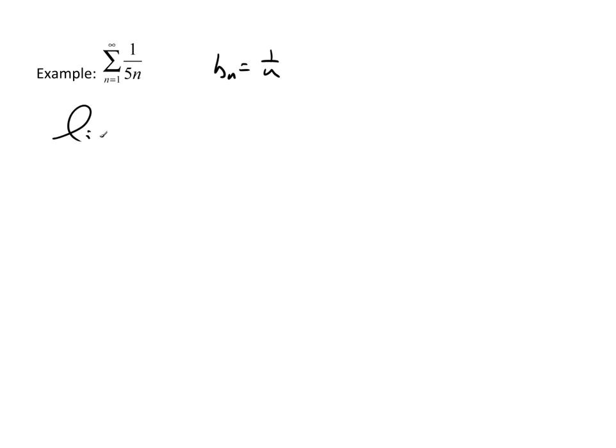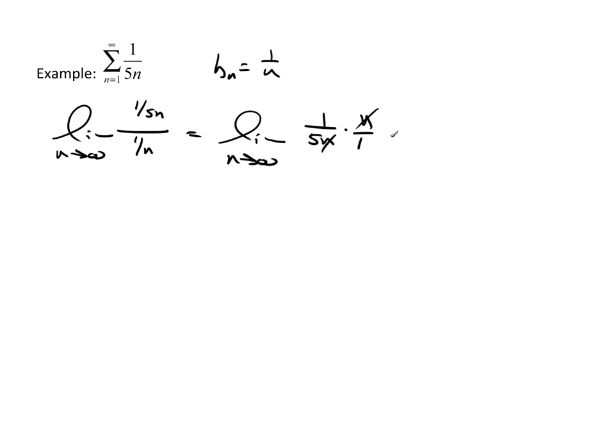So I'm going to take a look at the limit as n goes to infinity of 1 over 5n over 1 over n, and when I work out this limit, which I'll do one more step, this is the limit as n goes to infinity of 1 over 5n times n over 1. The n's cancel. This is 1/5. That's a real number greater than 0. Therefore, whatever this is doing, it's doing it along with that one.